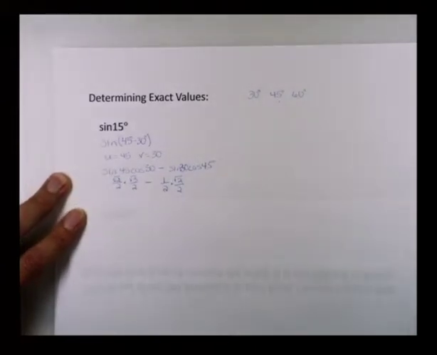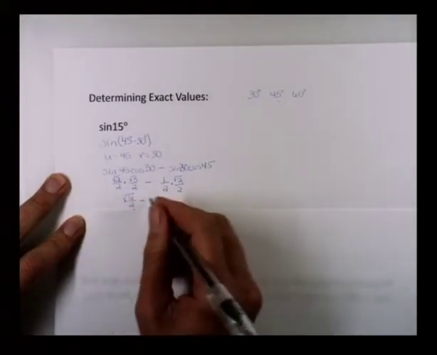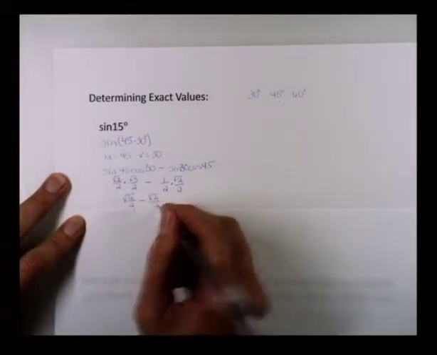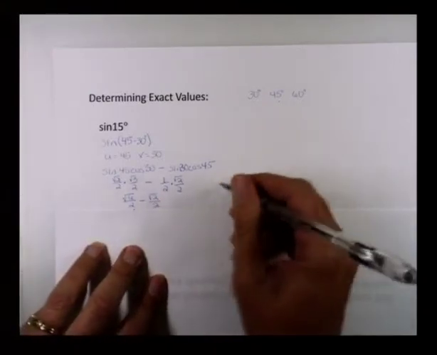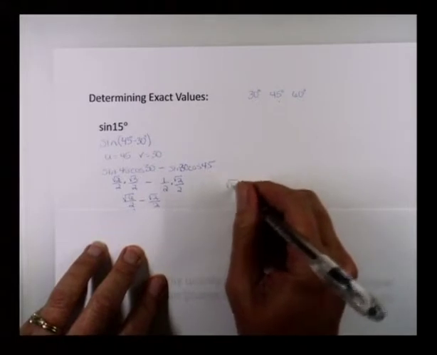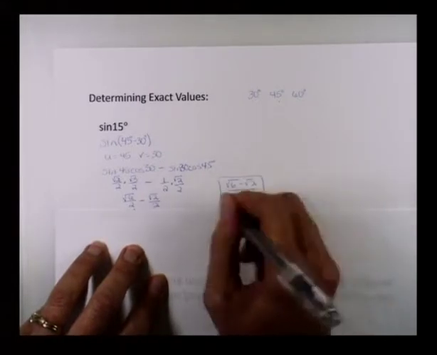Now I want to clean this up, so I'm going to multiply these together, and I have radical 6 over 2 minus radical 2 over 2. And this is an okay way to write your answer. I personally prefer to see radical 6 minus radical 2 all over 2, but they're both correct.